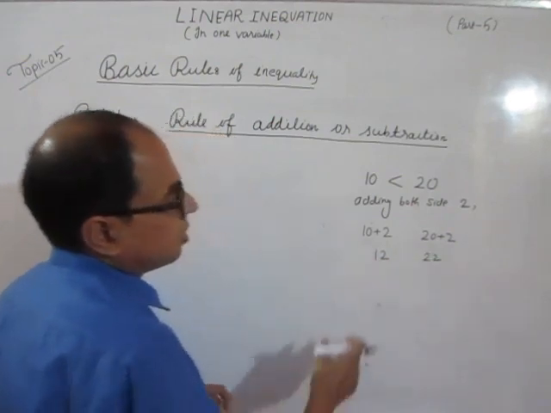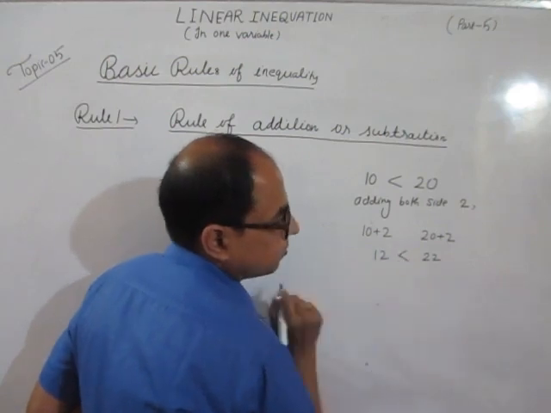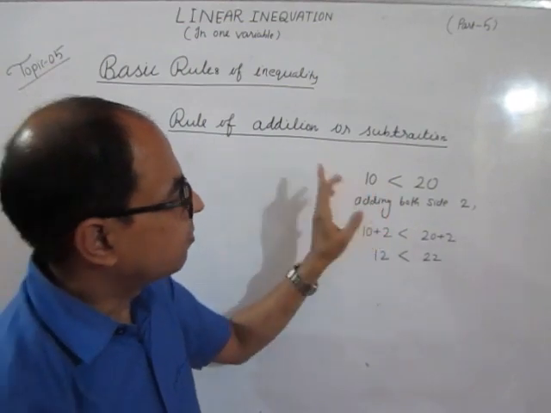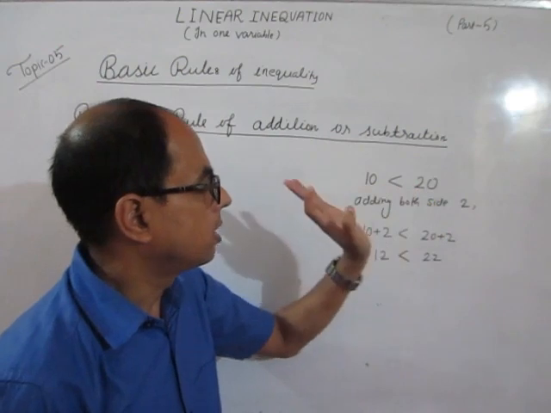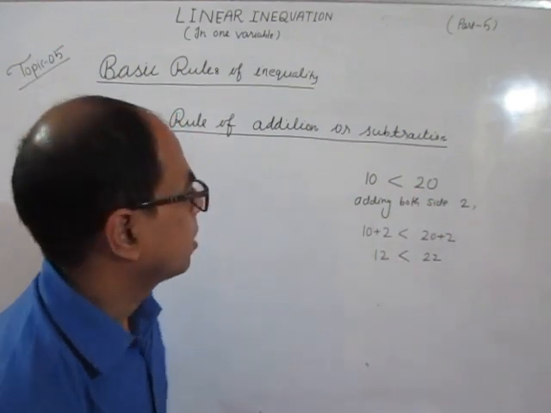Now what about the sign of inequality? Of course 12 is less than 22. So if the same number is added to both sides of an inequation, then the sign of inequality remains the same.